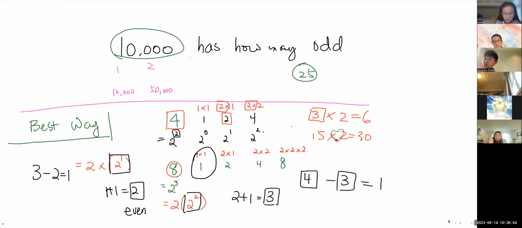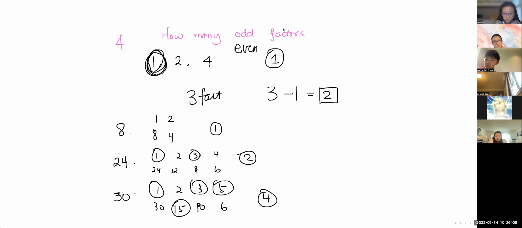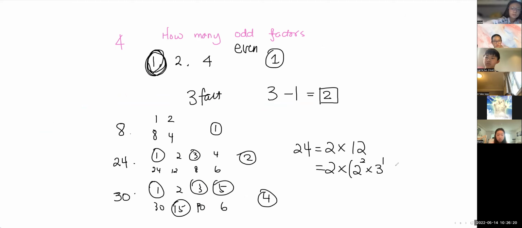So let's move back to the earlier page. Let's see, 24. So 24 equals what, everybody? 2 times 12, which is 2 to the power 3 times 3 to the power 1.